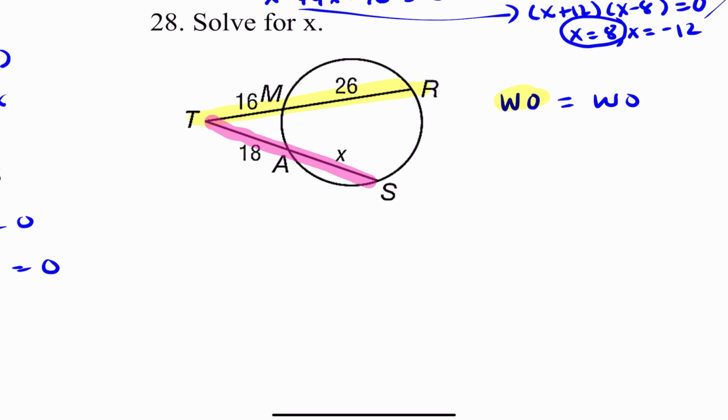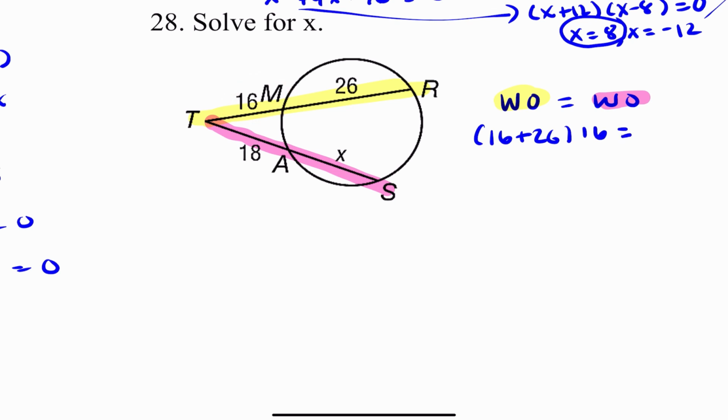And then we're going to use this segment in pink and highlight that whole times out in pink as well. So the whole in yellow is 16 plus 26. And then your out in yellow is 16.